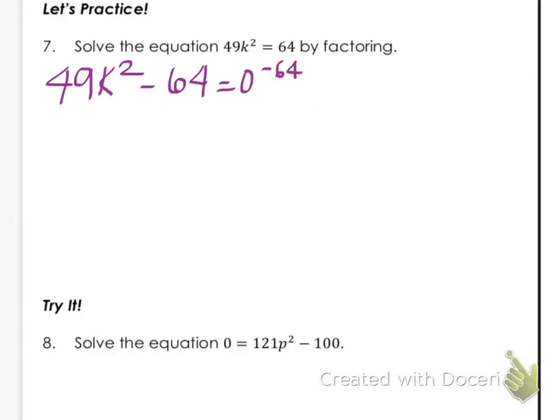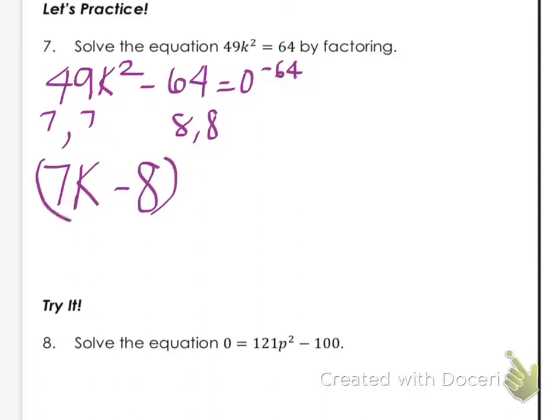Let's take a look. All right, can the a term be squared? What times itself gives us 49? 7. So I'm going to say 7k. And then what number times itself gives us 64? I would say 8 and 8. So let's try 7k minus 8 times 7k plus 8.